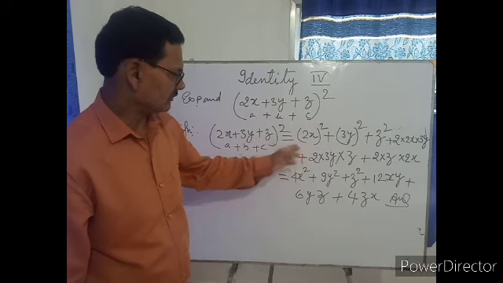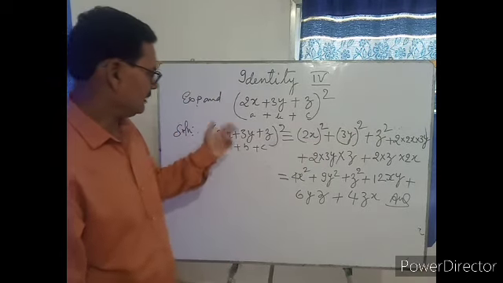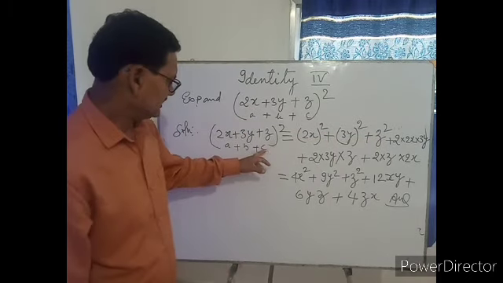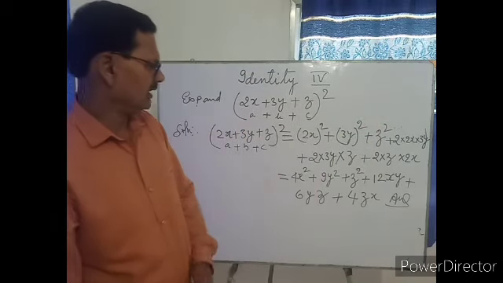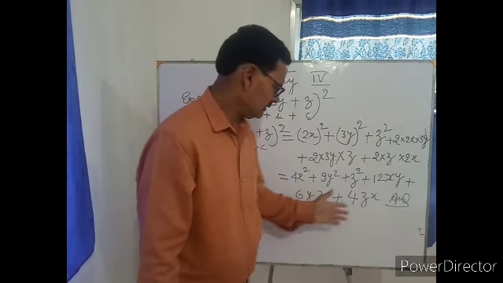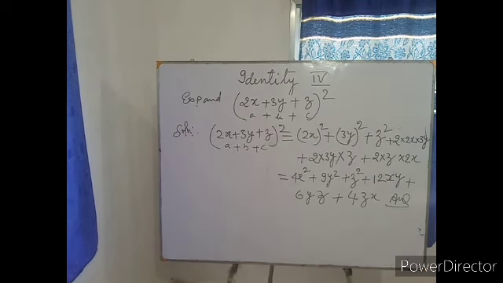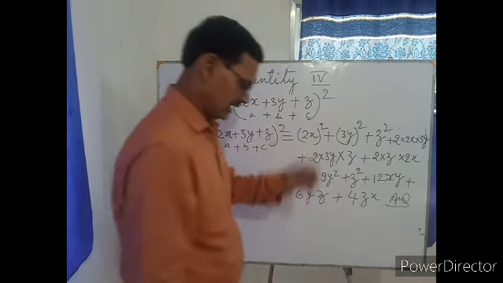Similarly, (2x) whole square is a, (3y) square is b and z square, z is equal to c, so c square is equal to z square. In this way, you have multiplied and solved and got the answer: 4x square plus 9y square plus z square plus 12xy plus 6yz plus 4zx.